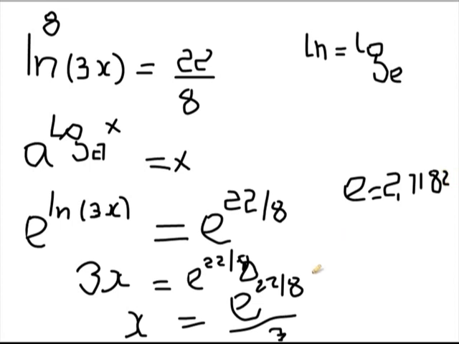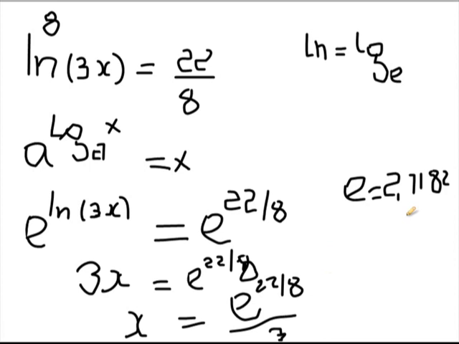You're just gonna replace e by this value. You use your calculator, you raise it to the power of 22 over 8. That's gonna give you the decimal value. But our final value is e raised to the power of 22 over 8 divided by 3. That's the final result to solve this equation.